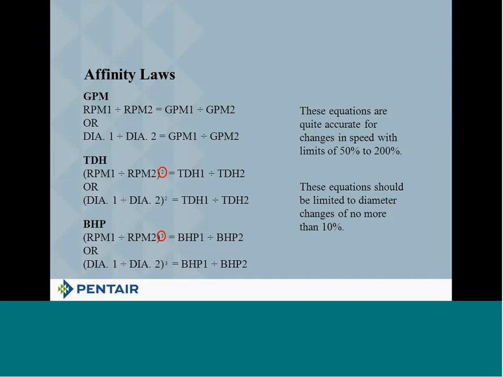And so when you're stuck to that 10%, if you go over that 10%, you're going to wind up with I don't know what. And the reason being is this. When you trim an impeller, you change the shape of the vane, and that's what changes the speed of the water. So that's why we got to watch that.